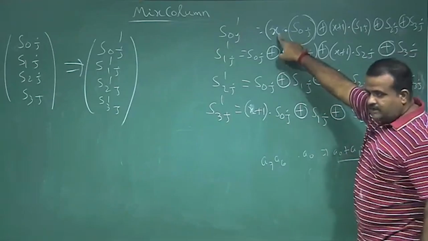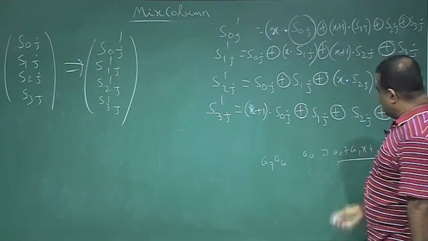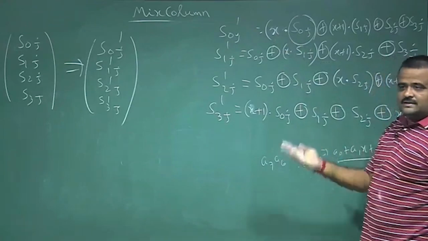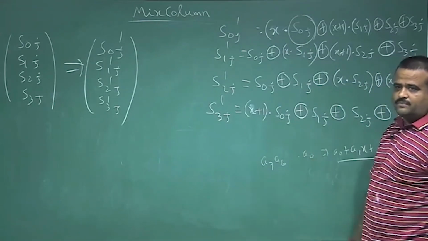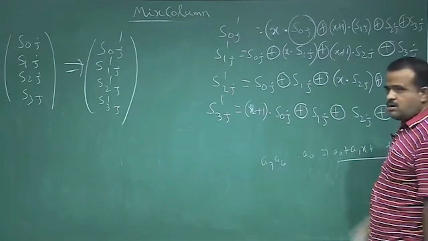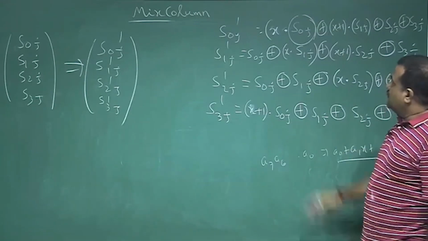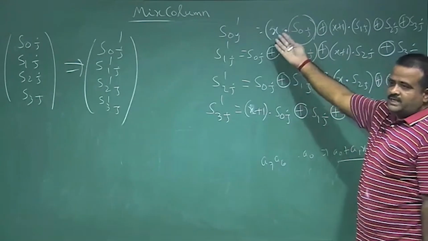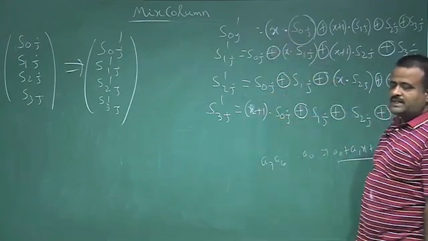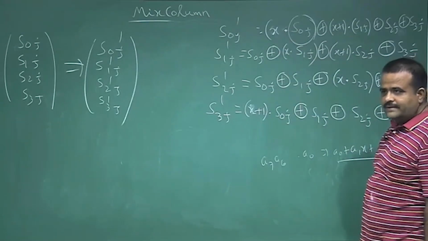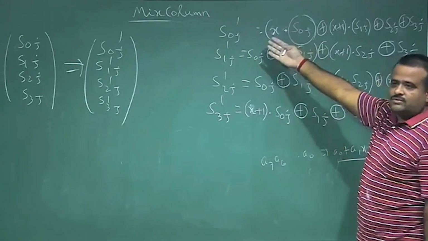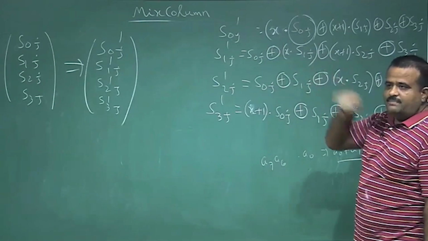We multiply this with x, field multiplication, and field multiplication means under that Galois field F 2 to the power 8, so it has to be mod that irreducible polynomial. After this multiplication, again it will be an element in F 2 to the power 8, so again we can convert it into 8 bits.